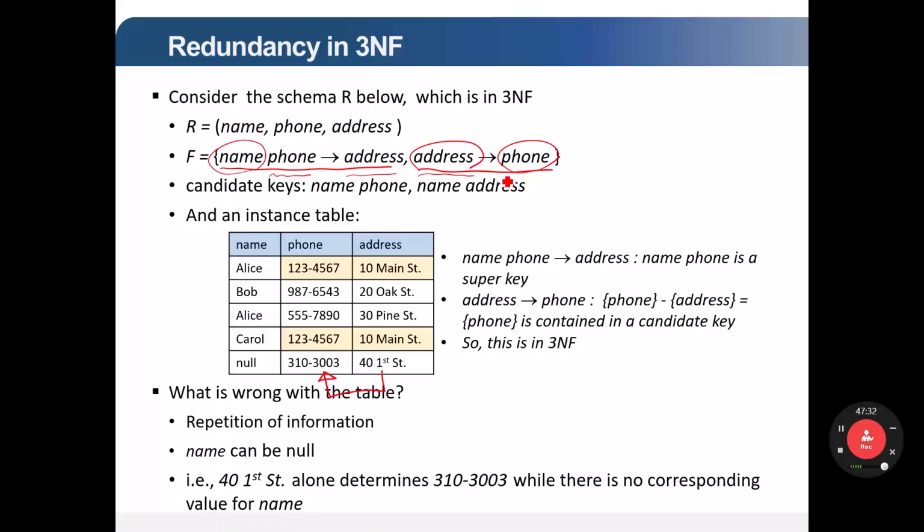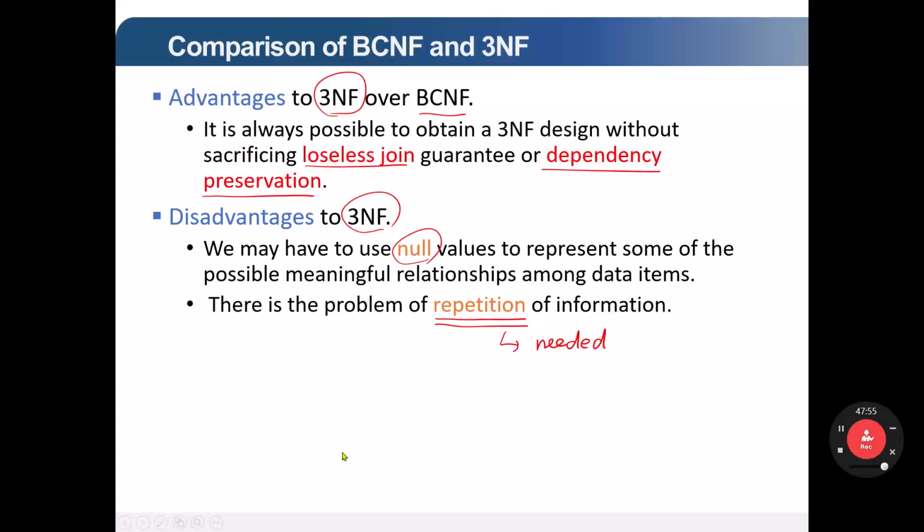Just like address determines phone. It is one-to-one mapping. In that case, this table allows people to store null values in name column. I guess that is the meaning of the second to the last bullet. But I don't think that is a good example to explain this problem.